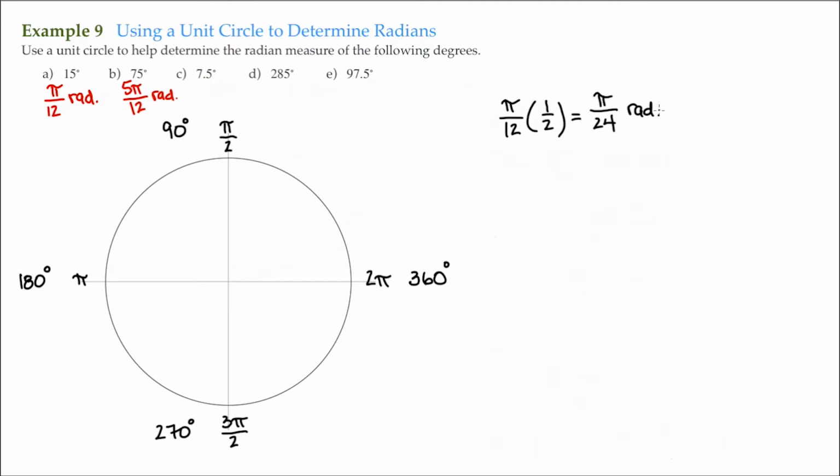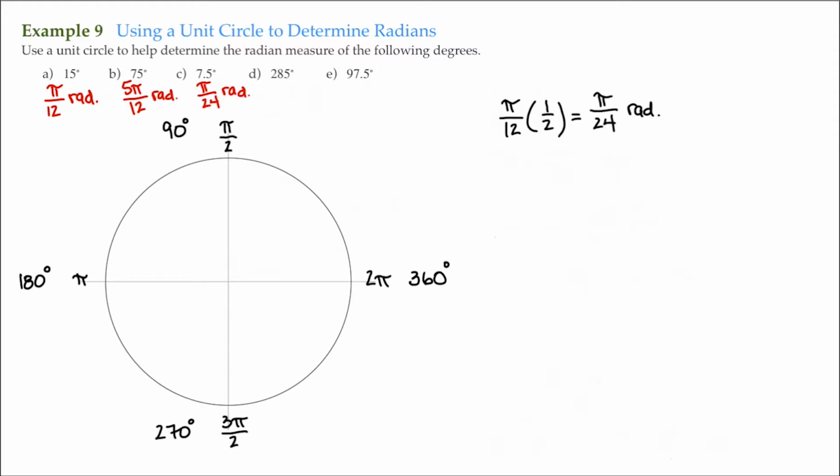So 7.5 degrees is pi over 24 radian. So hopefully you see what's going on here. We're not using our calculators at all. We're just using our understanding of our unit circle and making these divisions. We're just slicing up these divisions that we already know.